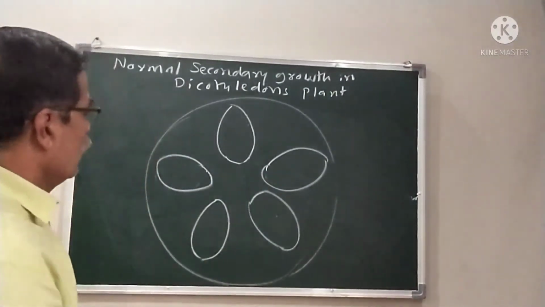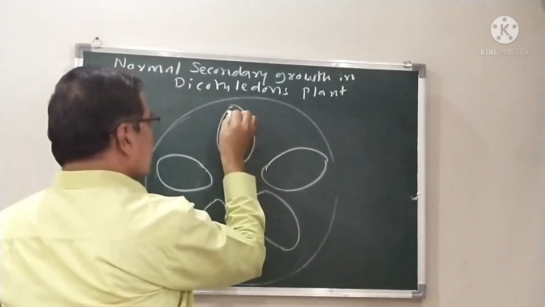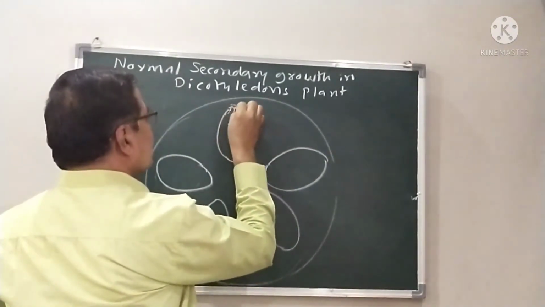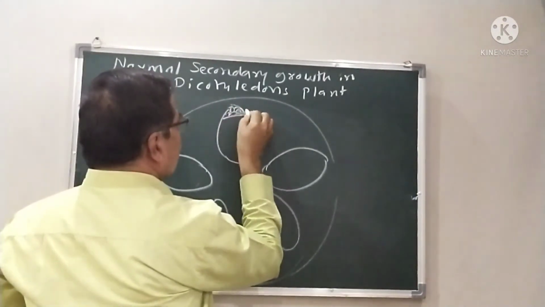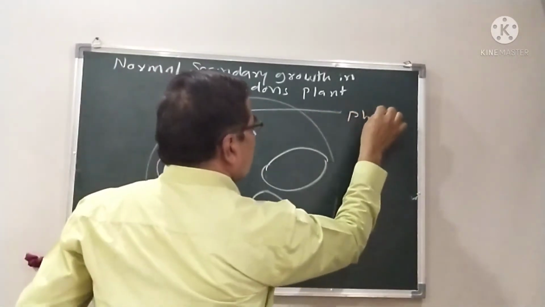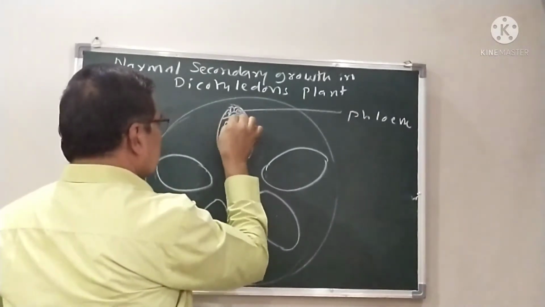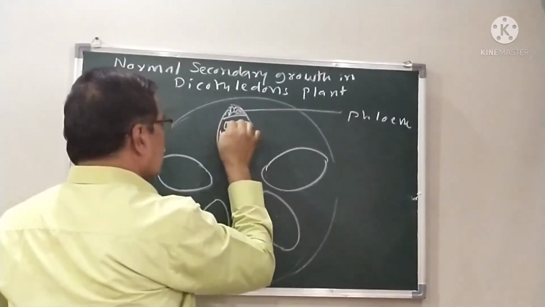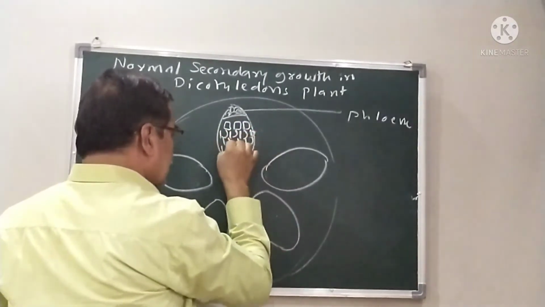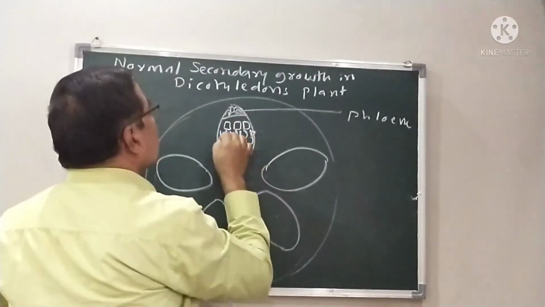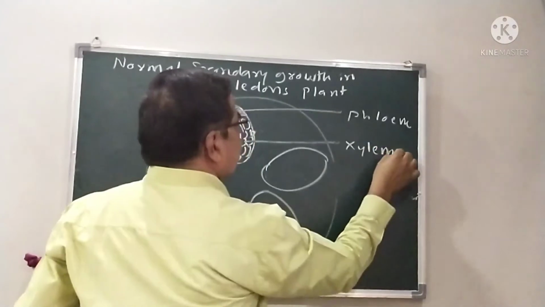Here, it is the vascular bundle. This vascular bundle consists of the peripheral region, a small patch, that is the phloem. Then xylem, hexagonal or rectangular cells, which are produced in a larger region.